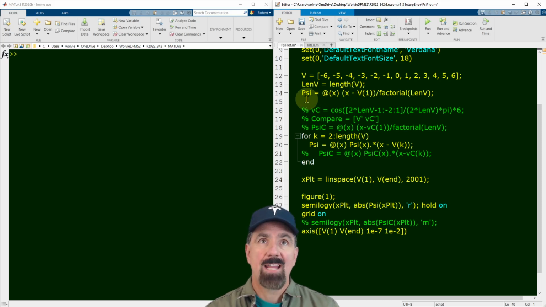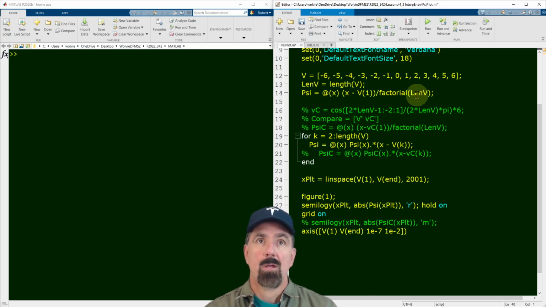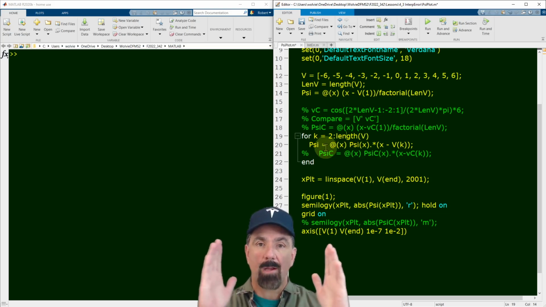So I've defined psi as a function of x, and I've taken x minus the first entry, so x minus -6 in this case, and I've divided it by the factorial just to scale it down so I don't have really large numbers. Then we go to the for loop, and starting with the second term in the vector, I'm going to build this product.